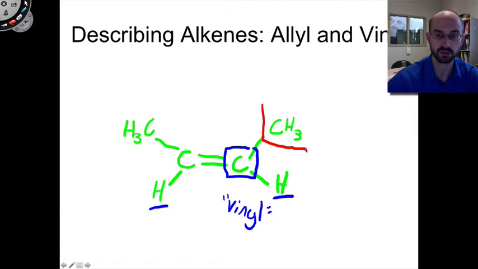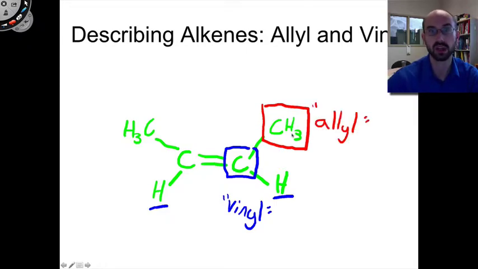This methyl group is directly attached to the alkene. It itself is sp3 hybridized. This is called an allyl group. So allyl means essentially right next door to an alkene. So this methyl group is allyl.